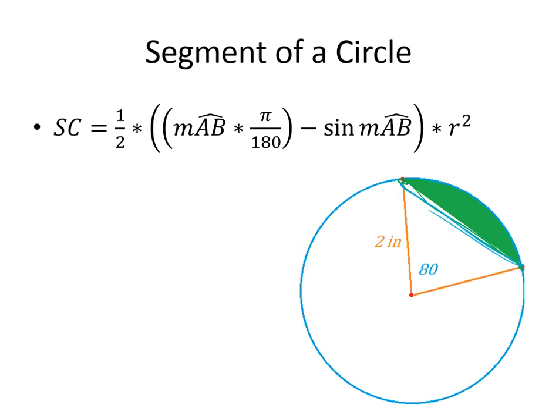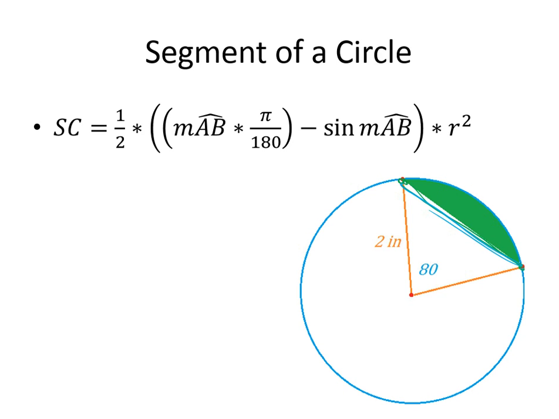And so what we're going to do is use this really long and crazy formula: 1/2 times the measure of the arc times pi over 180 minus sine of the measure of the arc, make sure you're in degrees, times r squared. Okay, so this is the whole thing.